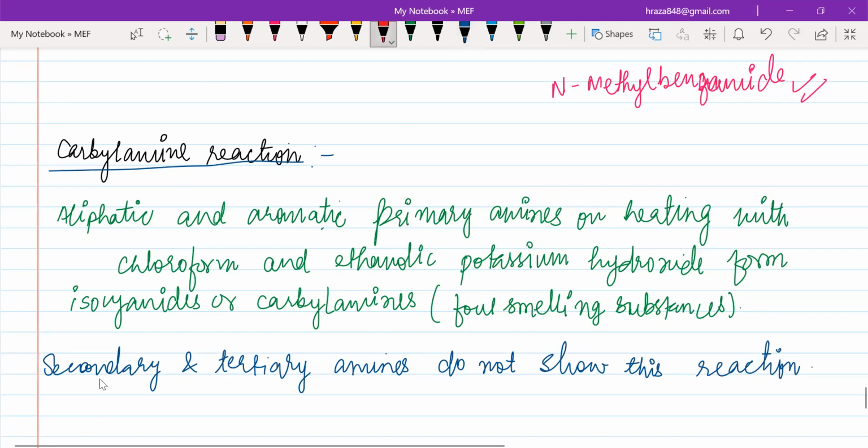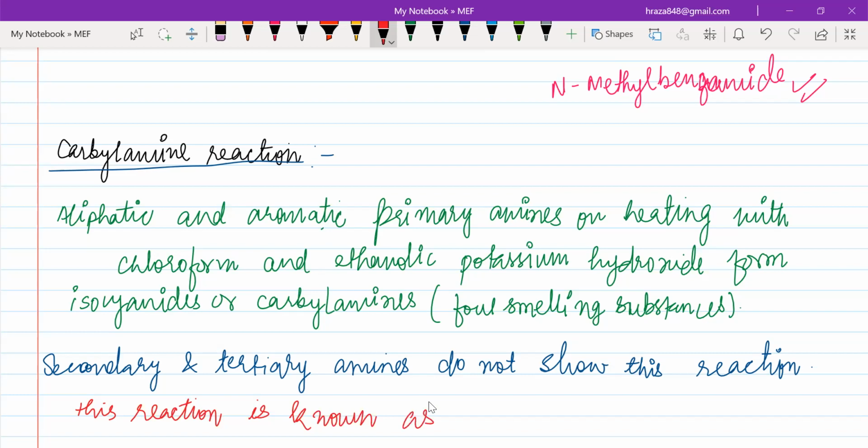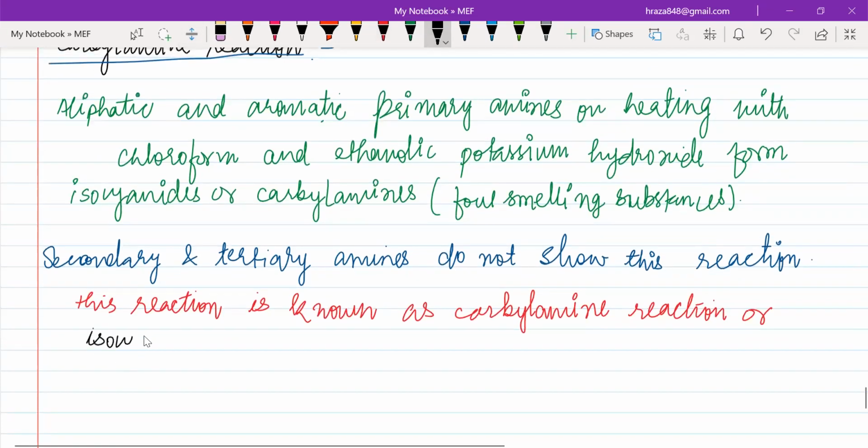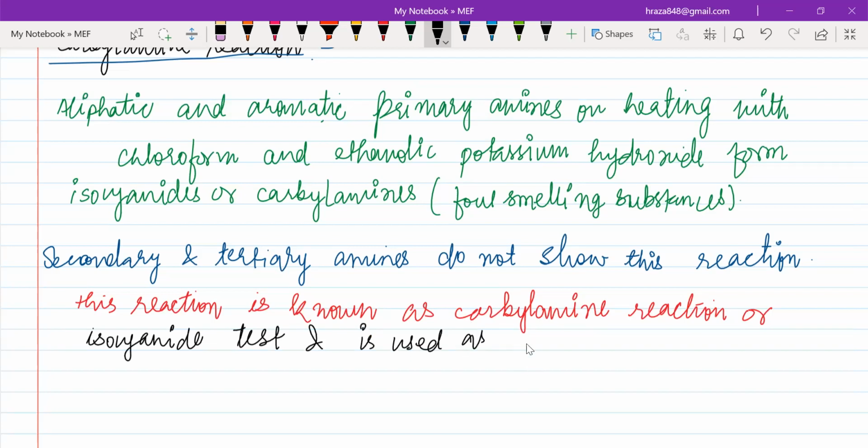And this reaction is known as carbylamine reaction, or we can also call it isocyanide test, and is used as a test for primary amines. The reaction is very easy.